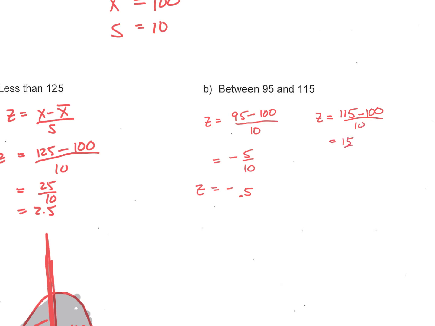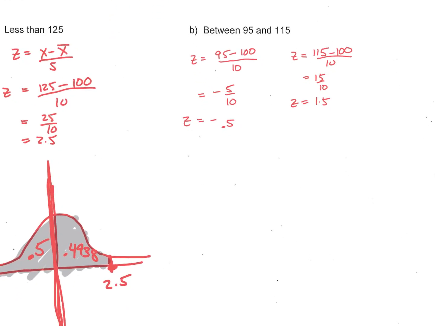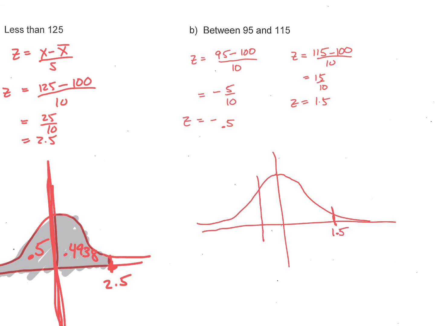That's 15 divided by 10, which is 1.5. So on our graph of a normal curve, approximately here is z equals 1.5, and approximately here z equals negative 0.5.